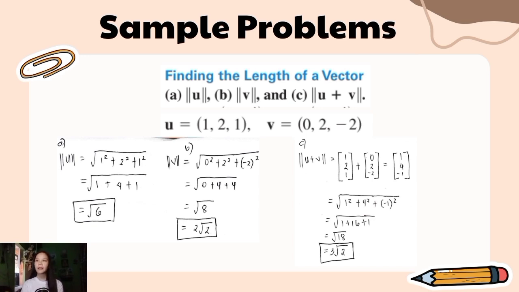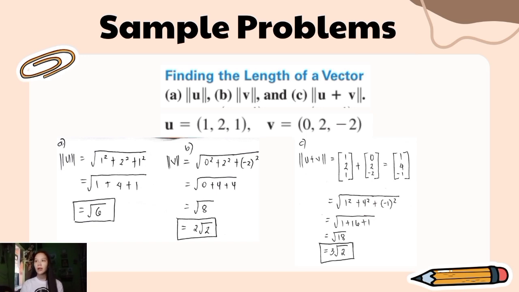Next, we're going to find the length of u plus v. Unlike the two previous lengths, we just use the formula and substitute the values of u and v. Here, we are going to add the two vectors, and the sum of the two vectors is what we substitute into our formula. u is (1, 2, 1) and v is (0, 2, -2).